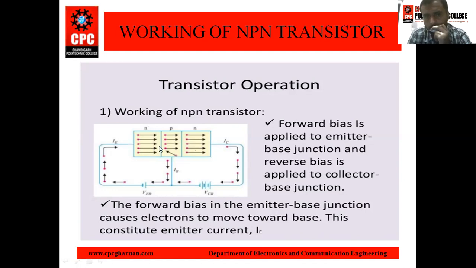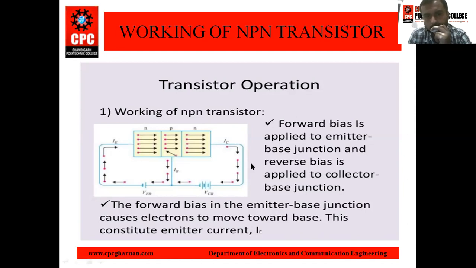As we know, the majority carriers in an N-type semiconductor are electrons. So that means 5% of electrons and holes recombine and form a flow of current known as the IB current, and 95% of electrons move to the collector side.